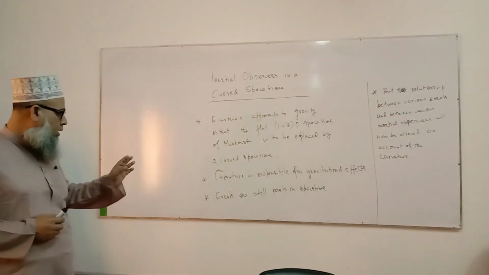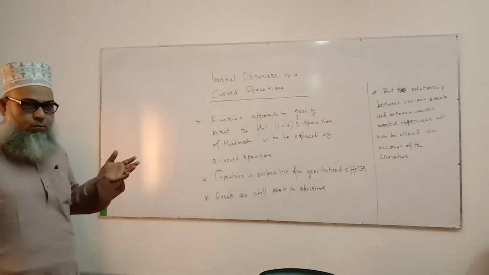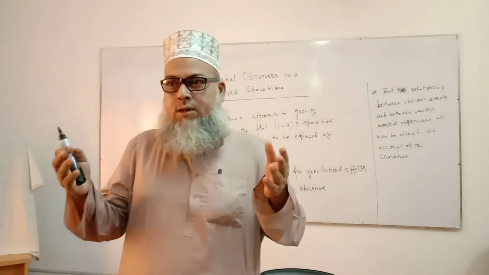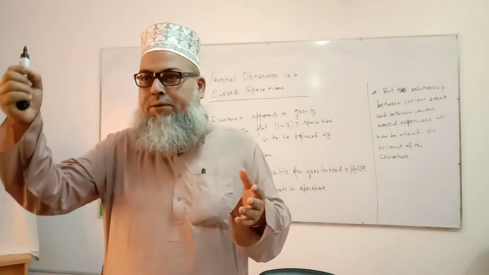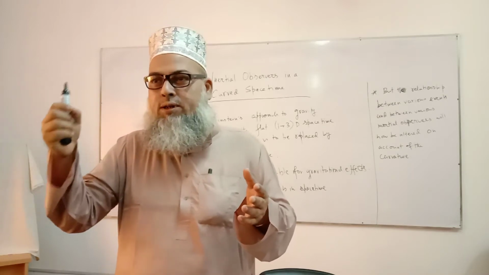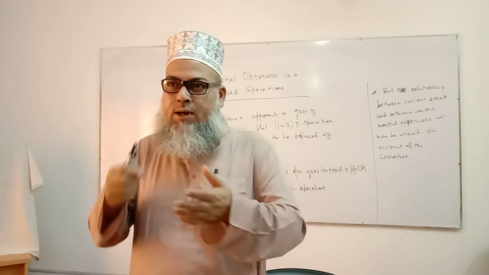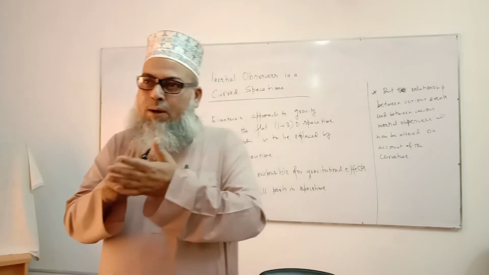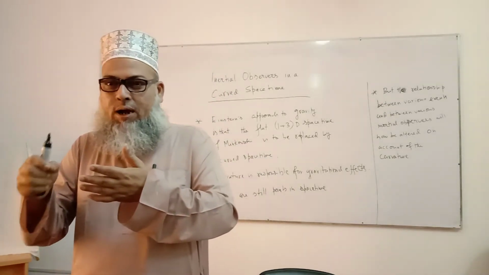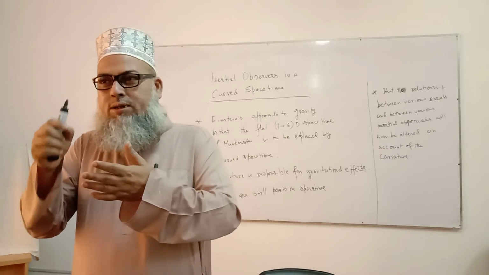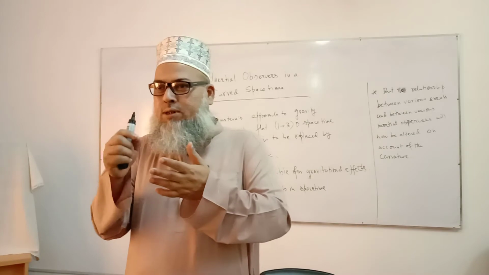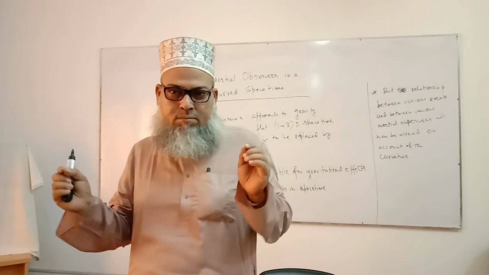Then comes the question: how do you visualize the events? Events in Minkowski spacetime are points which have 4 coordinates t, x, y, z. In curved spacetime also events will be points and will have coordinates t, x, y, z, and to have proper dimension, ct, x, y, z.